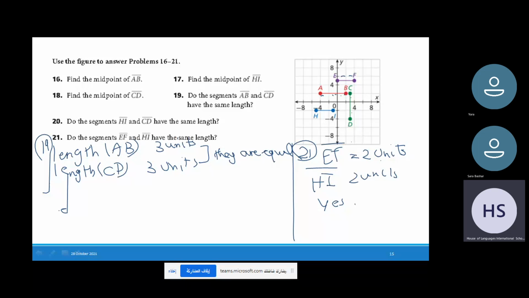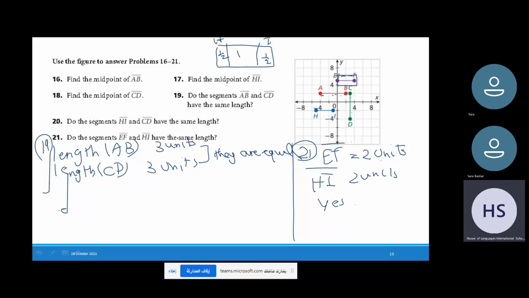Between, from the first end point up to the second end point. No, I think HI is not equal. 1 square, half and half, 1 square.